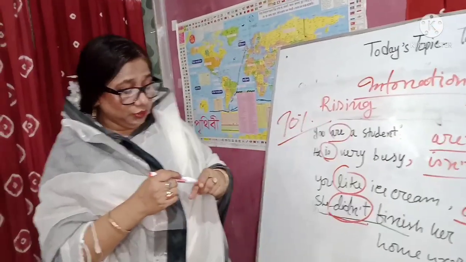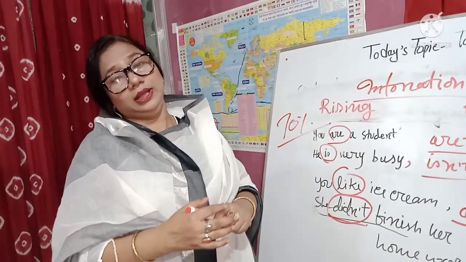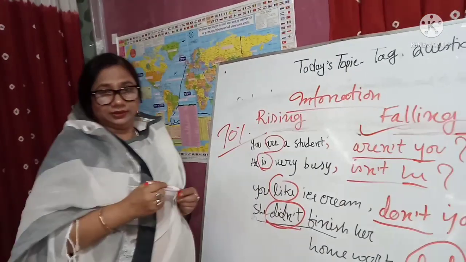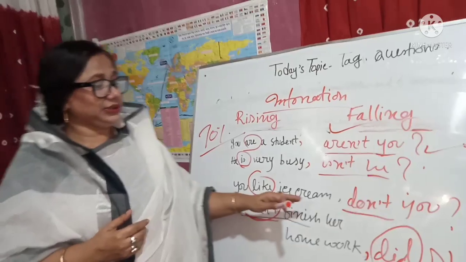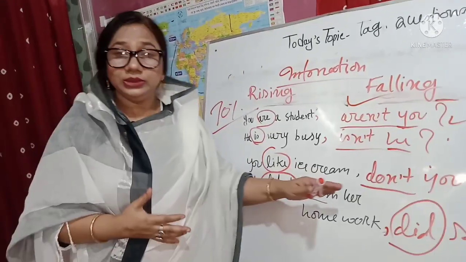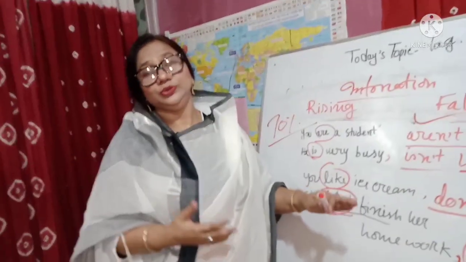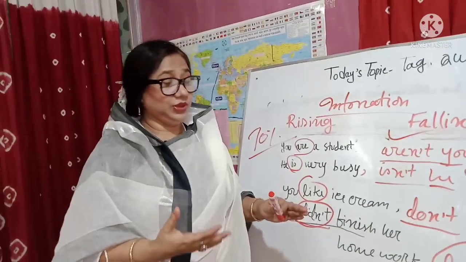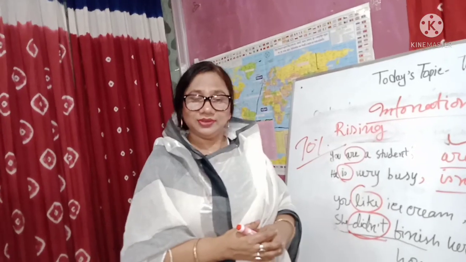And when you are 100% sure, then your intonation is falling. Do you like ice cream? Meaning same. You like ice cream, don't you? This is falling. And you like ice cream, don't you? This is rising intonation. Okay?